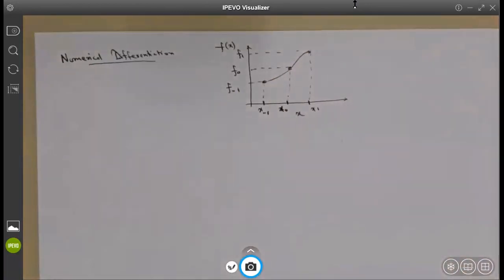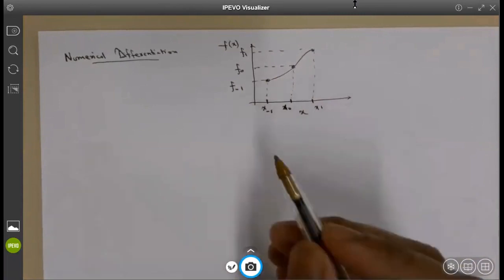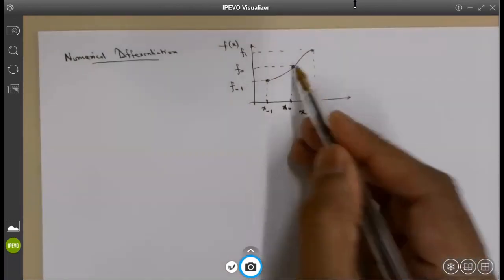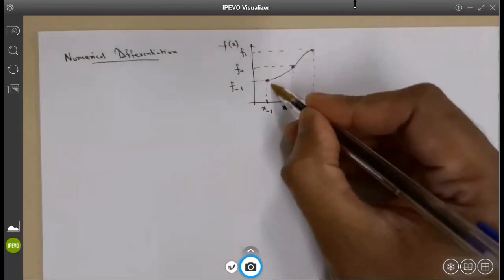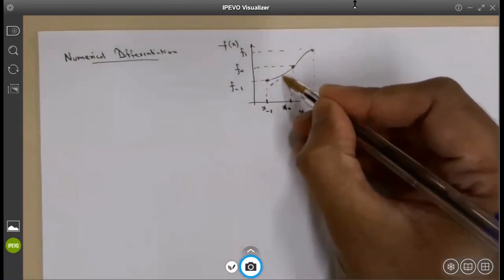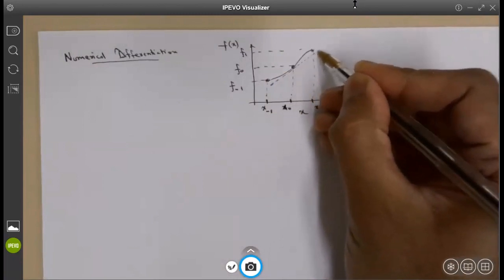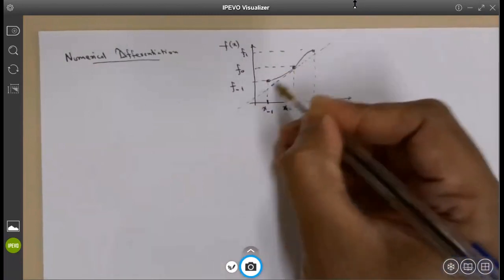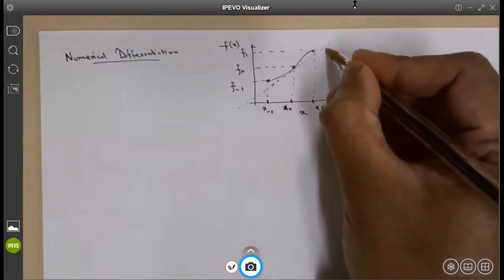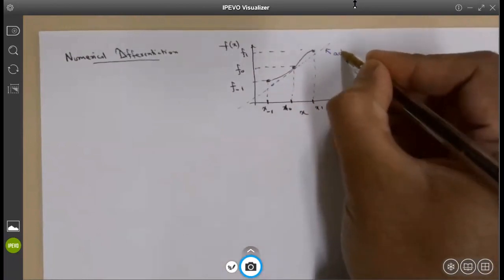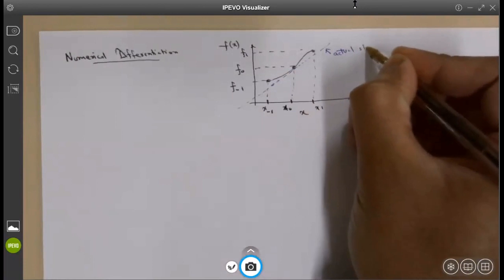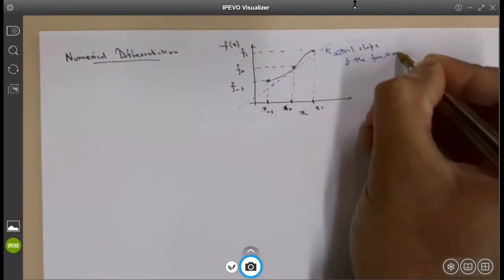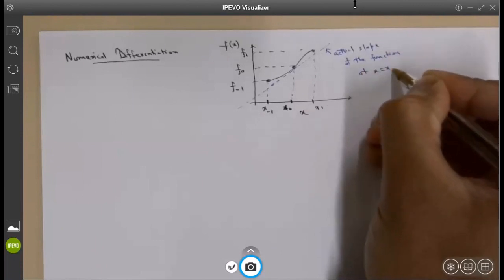If you have to find the derivative at point x naught, the actual derivative varies like that. A tangent at x naught is this. This is the line which is your actual slope of the function at x equals x naught.